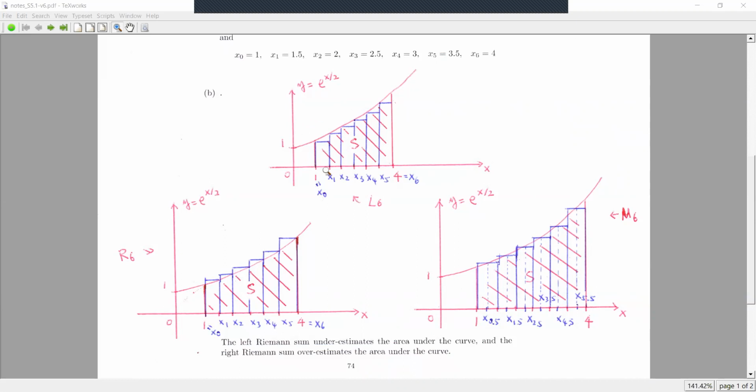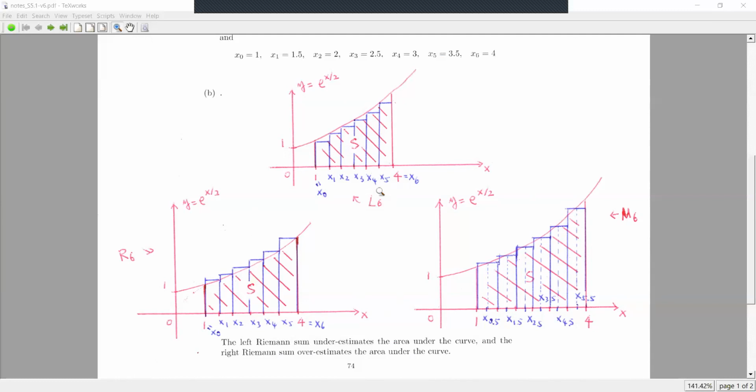From this diagram, the region S is the region under the curve. The region S contains all the 6 rectangles. Therefore, the area of the region S is greater than the sum of the areas of these 6 rectangles.